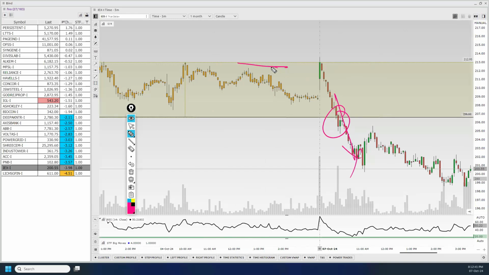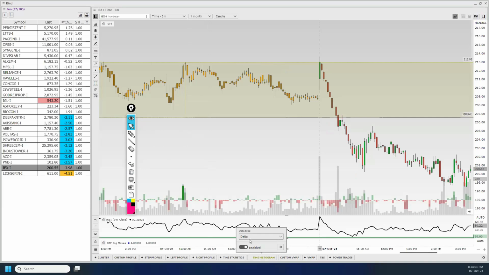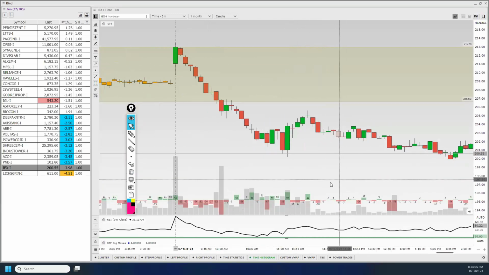But if you're a smart trader, if you know how to use delta properly, that's why you're using this order flow software, right? Here, you really need to look for a delta candle. Order flow delta: go to here, which is histogram, click on enable, and this delta. There are many settings. You go to delta. So now you will get delta here.